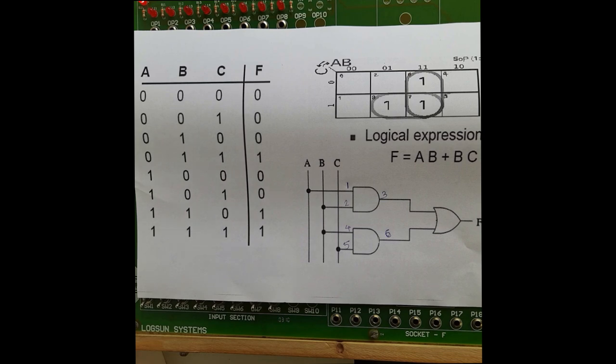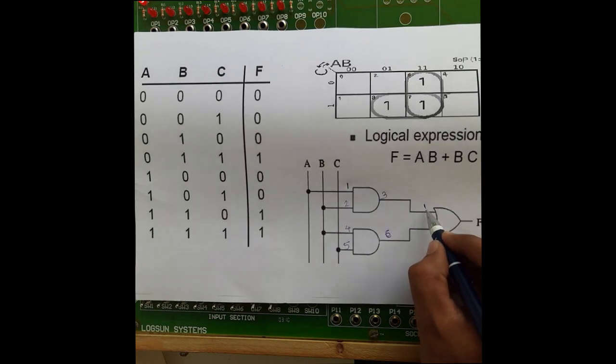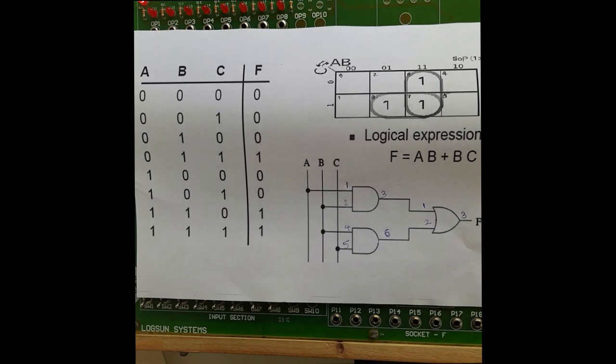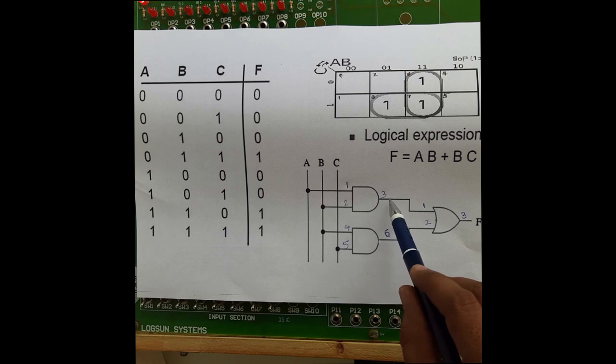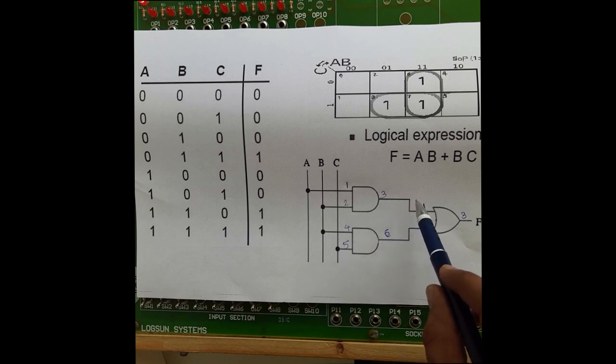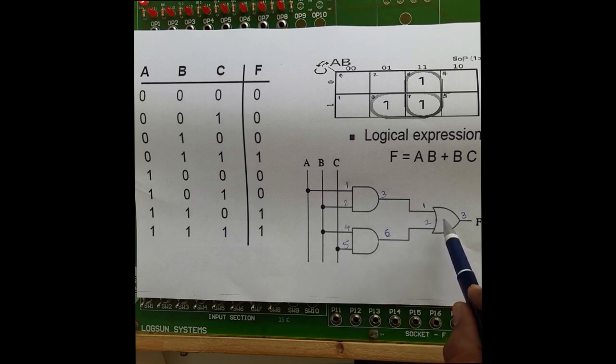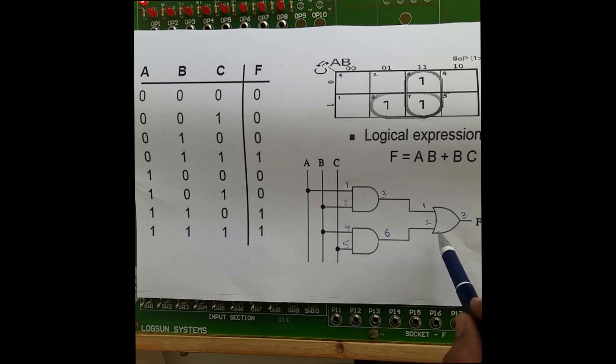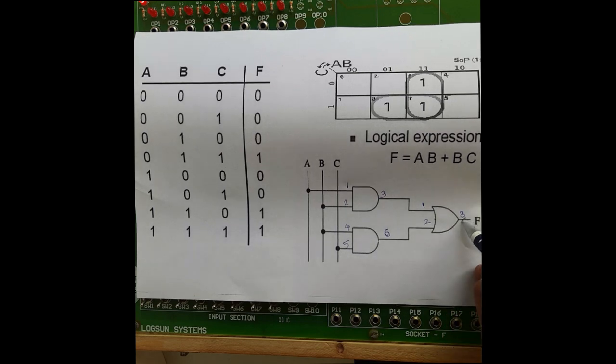For the OR gate, 1 and 2 are the input pins and 3 is the output pin. Now while implementing, consider pin number 3 will be given as an input to the first OR pin. Pin number 6 of the AND gate will be given as the second input of the OR gate, and then finally you are getting the output at pin number 3.